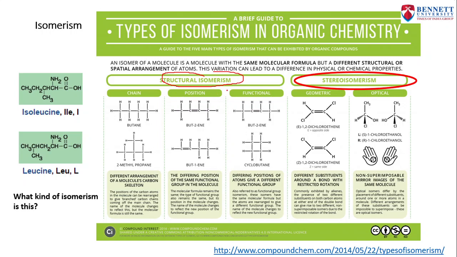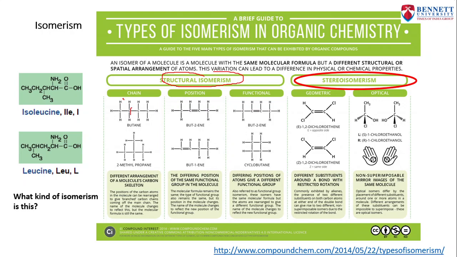Structural isomerization simply happens due to a change in the structure. This can be of three types: chain, position, and functional. Chain means the backbone carbon chain. If something changes in the backbone carbon chain, called the carbon skeleton, that leads to structural isomerization.